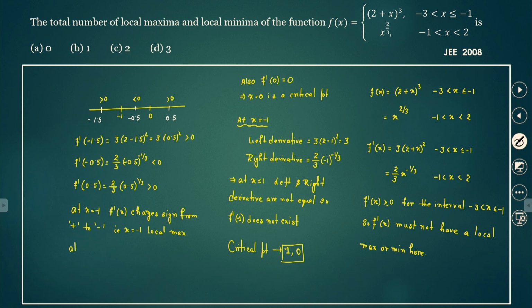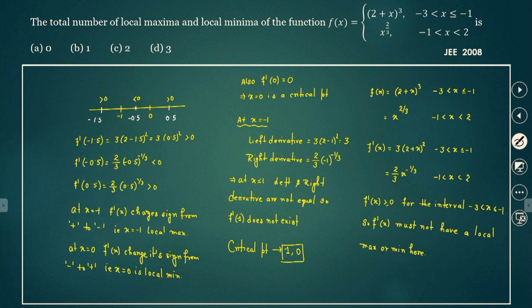Oppositely, if I consider x equal to 0, f dash x changes sign from negative to positive. That is, x equal to 0 is a local minimum.